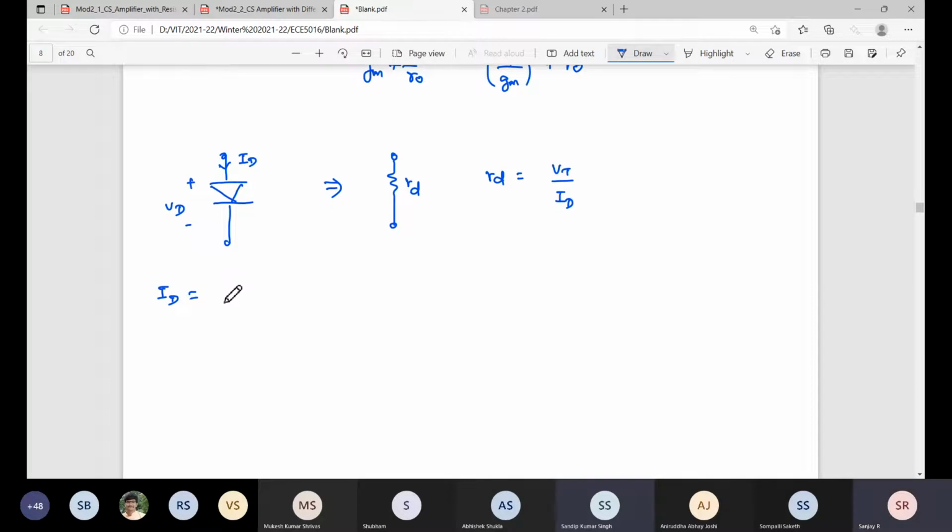What is the diode equation? ID equals I0 exp(VD by eta VT), where eta is approximately 1, so VD by VT. When you take dou ID by dou VD, you get the small signal resistance, VT by ID. So what is our gate and drain?